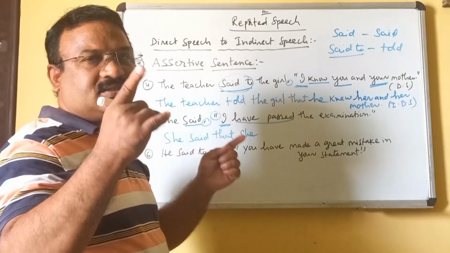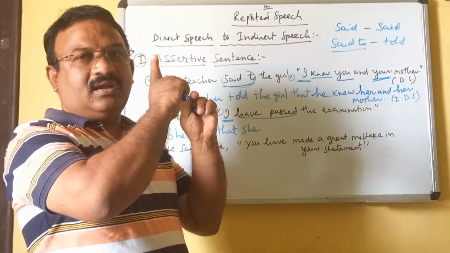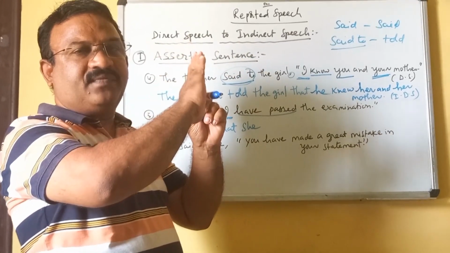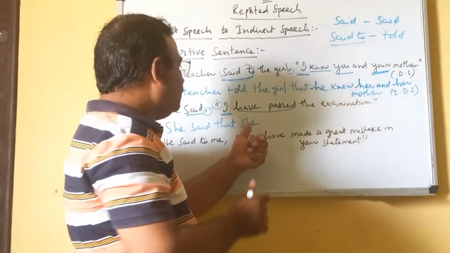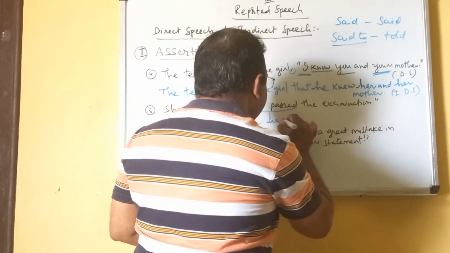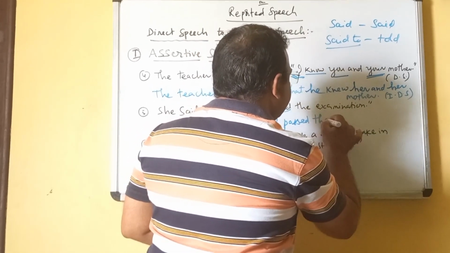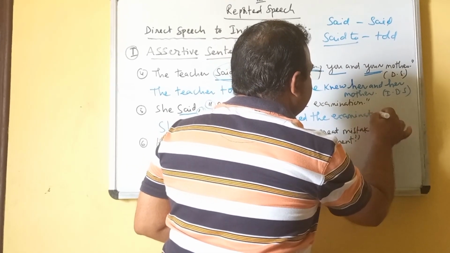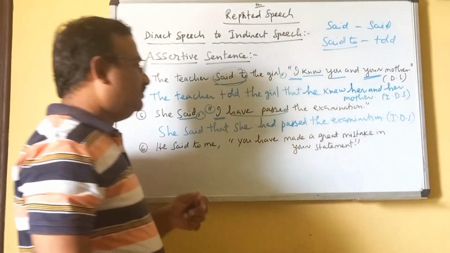Have passed is present perfect tense. Already I taught in the previous video: present perfect tense will become past perfect tense. So she had passed the examination. This is indirect speech.